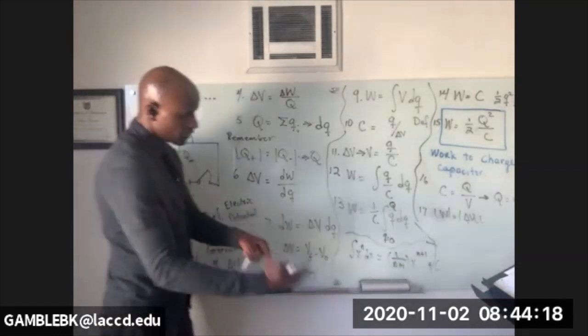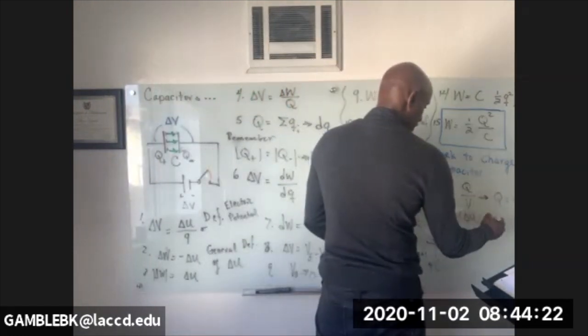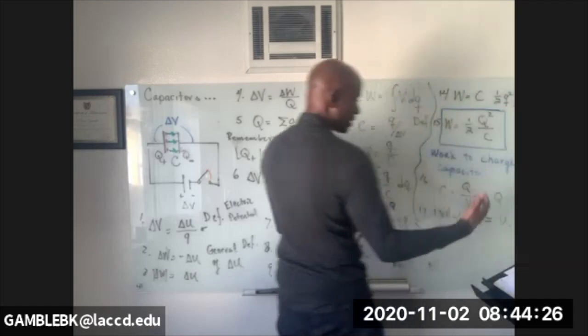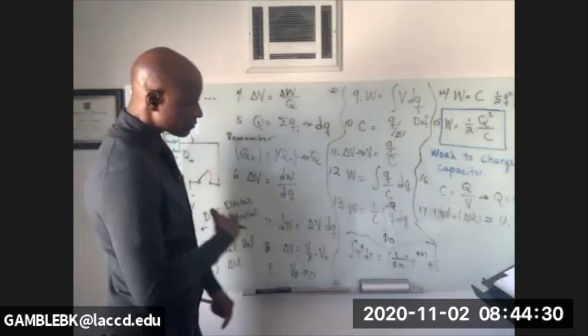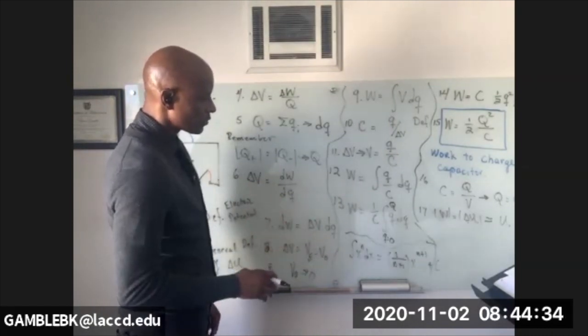Because if V initial is 0, then U initial is 0. So this just becomes that the work done is equal to the total potential energy at any given value of charge or any given time as you're moving through.